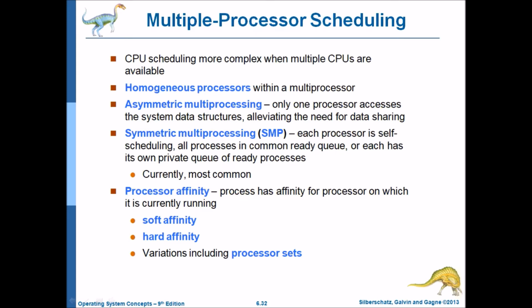Processor affinity takes several forms. It can be soft affinity, when an operating system has a policy of attempting to keep a process running on the same processor, but does not guarantee that it will do so. When it allows a process to specify a subset of processors on which it may run, then it would be a hard affinity.